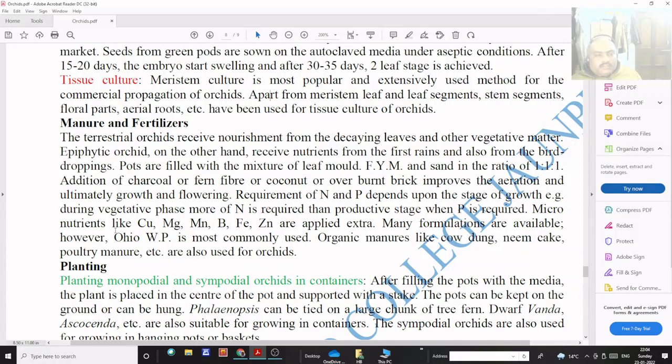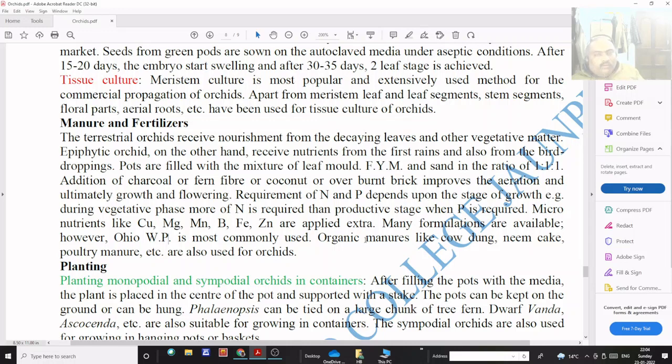There is a formulation named OEOWP, which is a ready-made formulation for the fertilization of orchids.